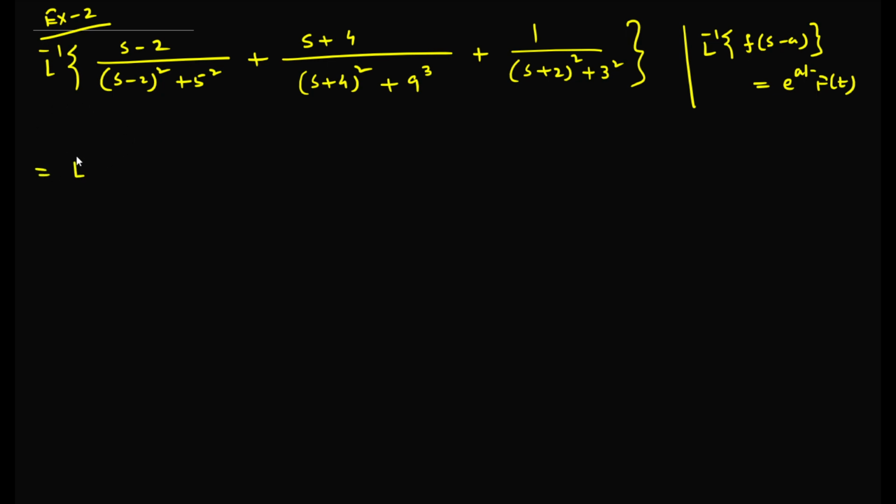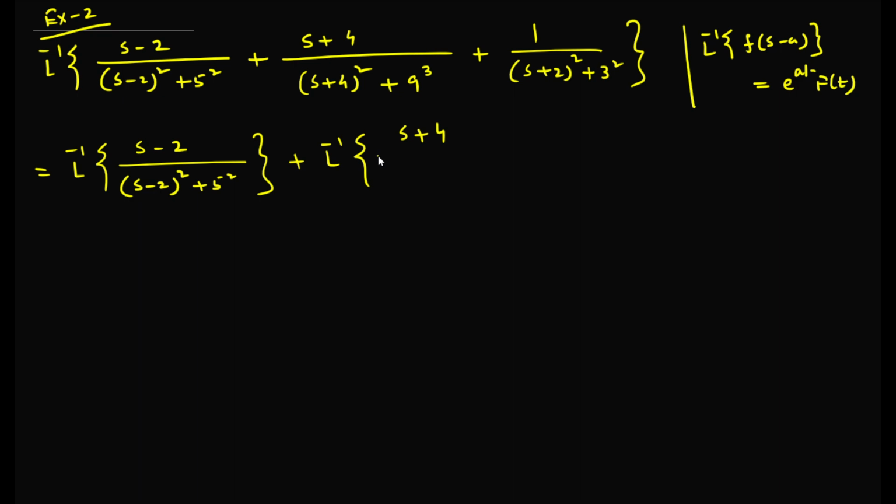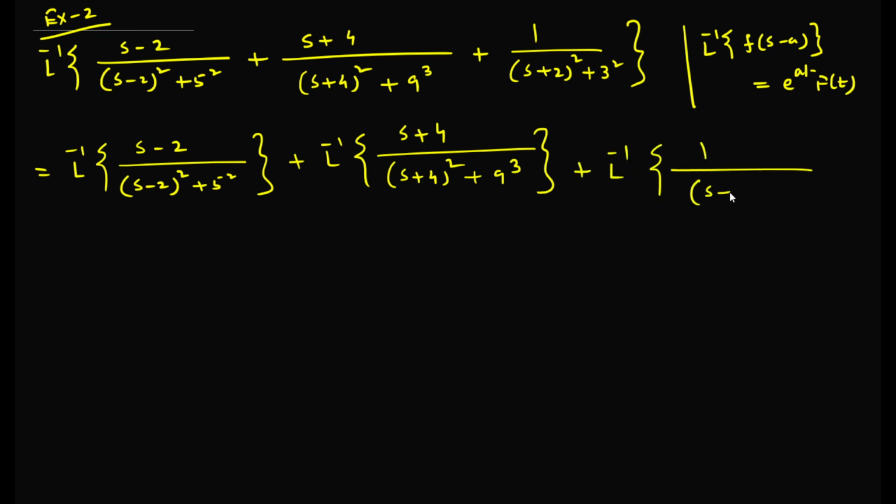So what we'll do, first we'll separate this by using the linear property. L inverse of s minus 2 divided by s minus 2 whole square plus 5 square, then L inverse of s plus 4 divided by s plus 4 whole square plus 9 cube, and then L inverse of 1 by s plus 2 whole square plus 3 square.